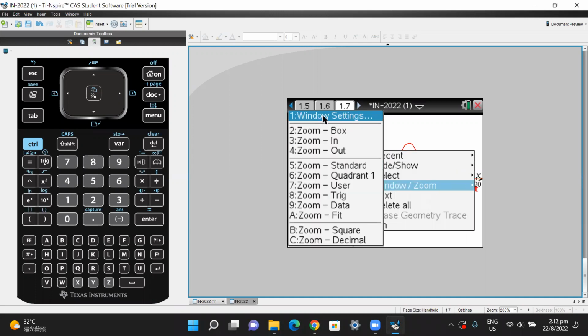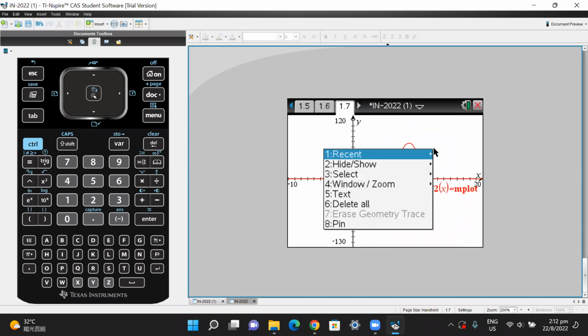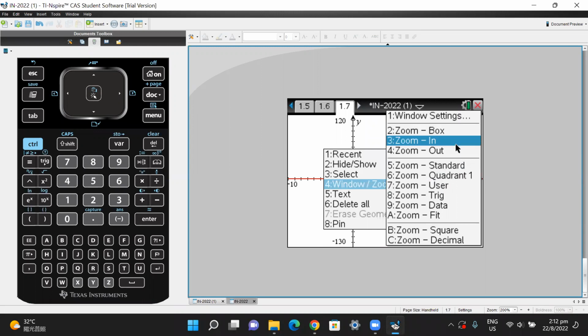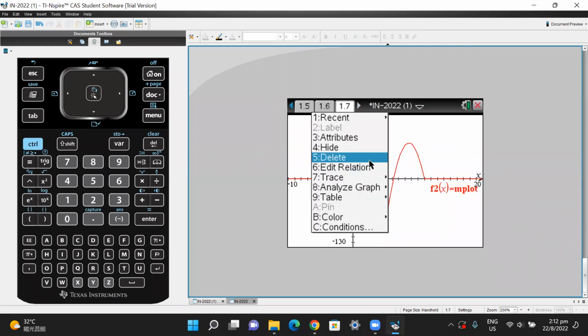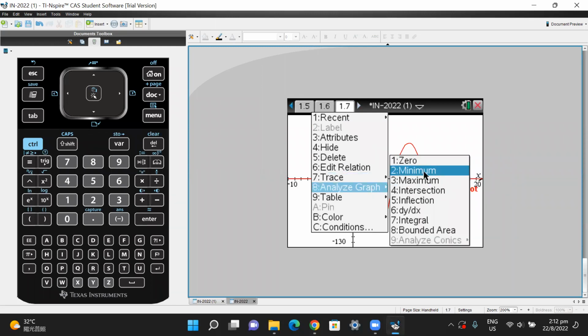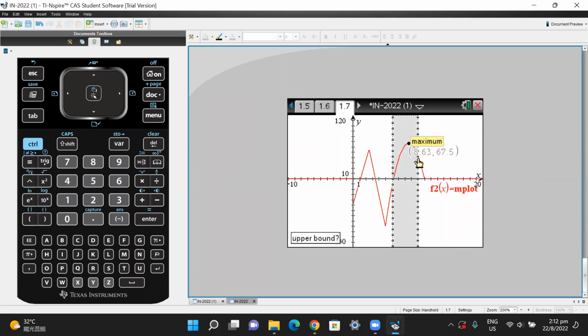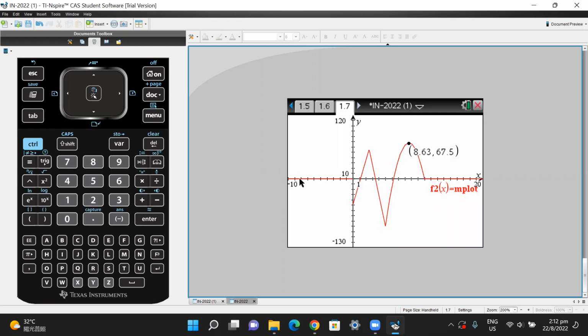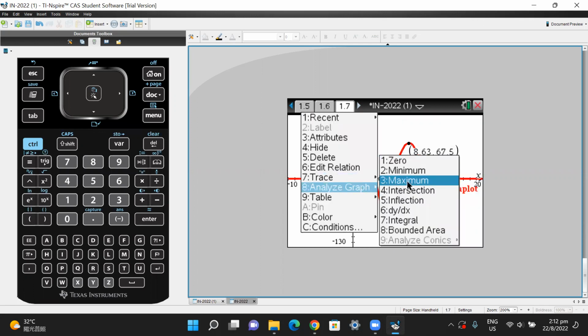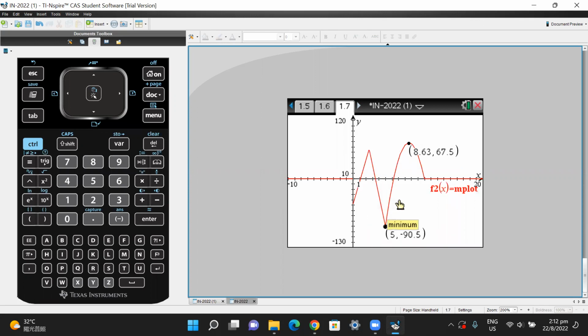And to get the answer, if you want, we could choose to analyze the graph by finding maximum and minimum. Just like this.